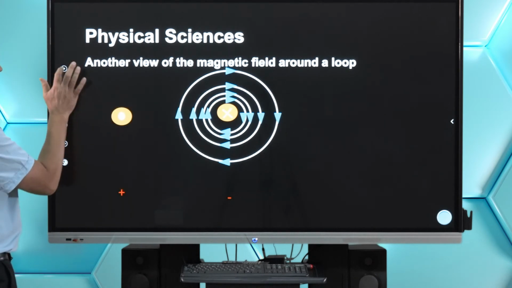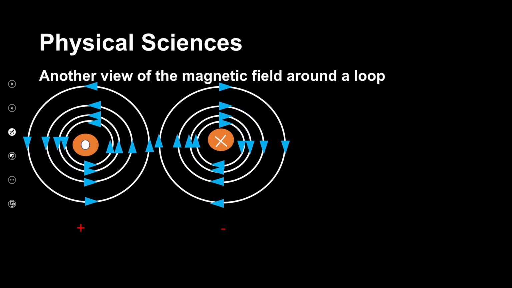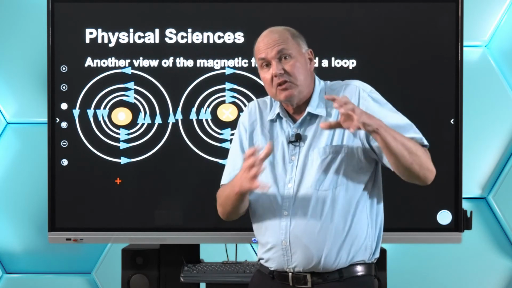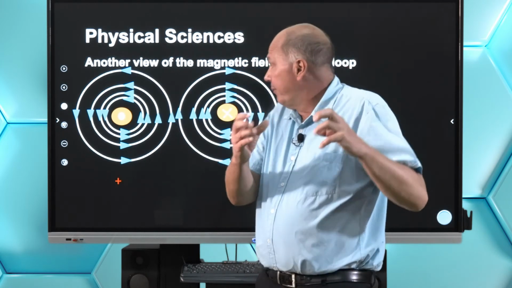So if we now look at my diagram where I've added in those circular field lines, we recognize something very interesting is happening. In the middle here, between these two pieces of wire, the field lines are pointing in the same direction. They're all aligned. They're bunched together, and they're all packed together nicely.